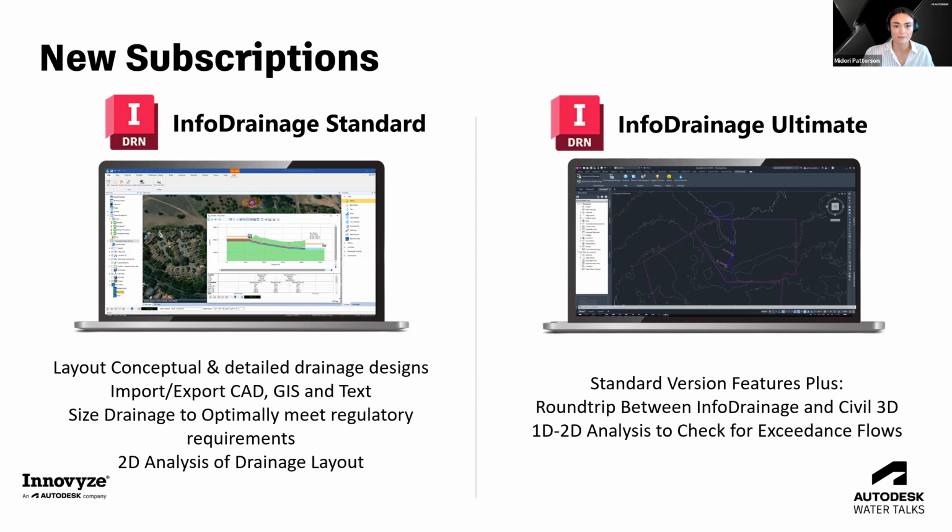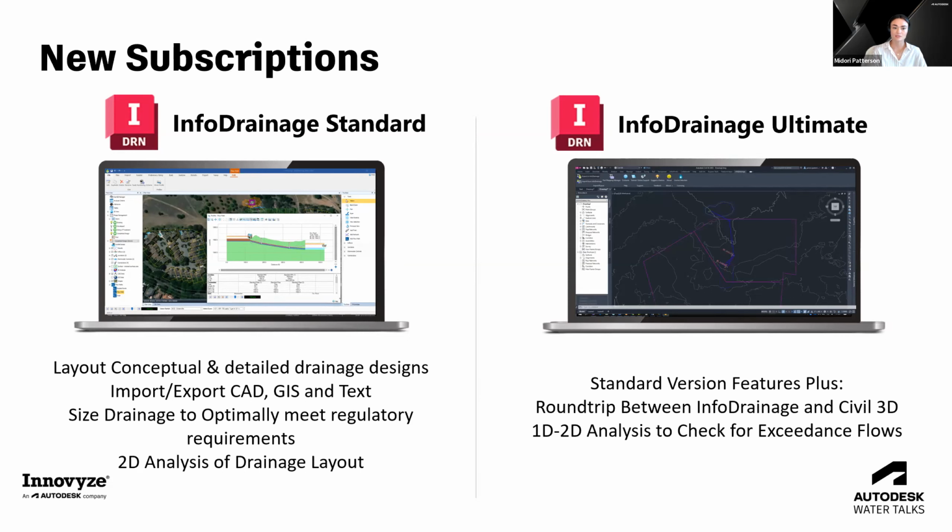You get the ability to lay out conceptual and detailed drainage designs, the ability to import and export CAD data, GIS, and text. All of the sizing calculators are still within that standard package, and also the 2D analysis of drainage layout, or the Deluge tool, which we'll talk about a little later. You still get all of those with the standard package.